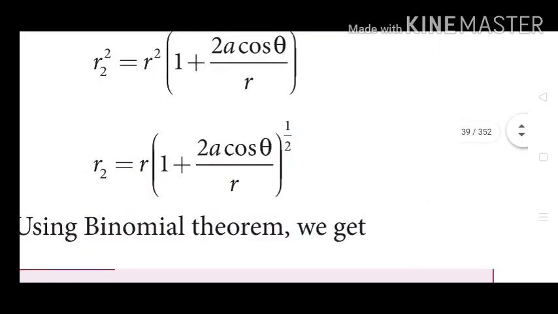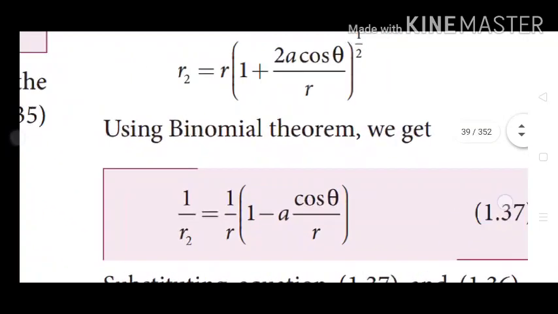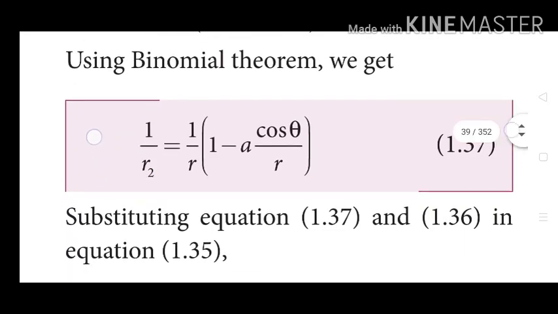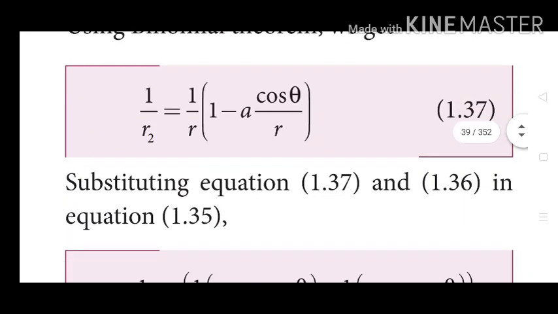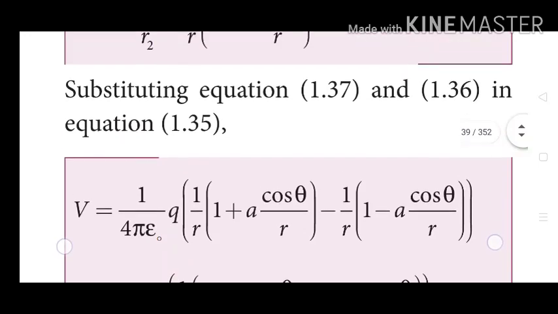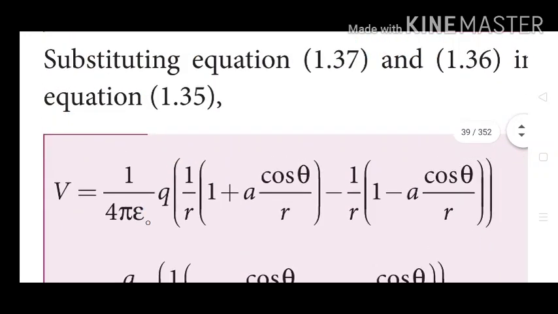So R2 square is equal to R square times (1 plus 2A cos theta by R). Taking the root and using the binomial theorem, finally we will get 1 by R2 is equal to 1 by R times (1 minus A cos theta by R).